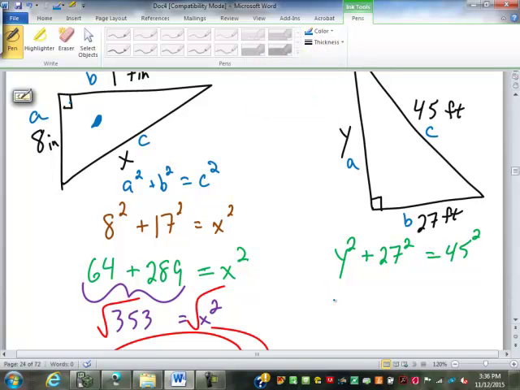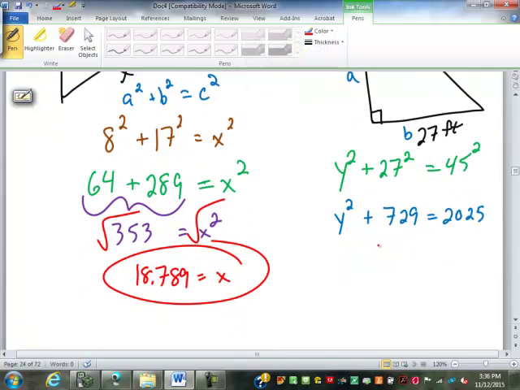Okay, so y squared is just y squared. Plus 27 squared is 729. And 45 squared is 2025. Correct? What's next? Subtract 729.